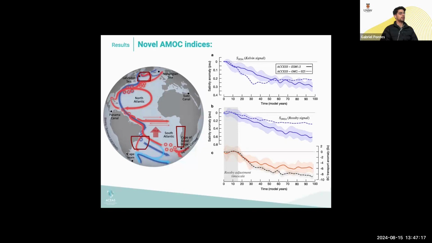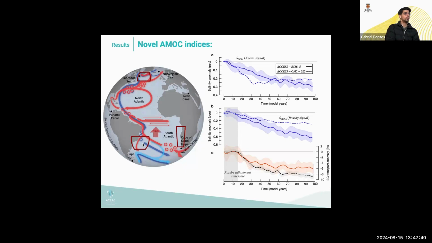But here we are also going to take into account the heat convergence into the South Atlantic, and more specifically the Rossby wave signal, which is the strongest signal, and also the signal that is well simulated by the ESM model.